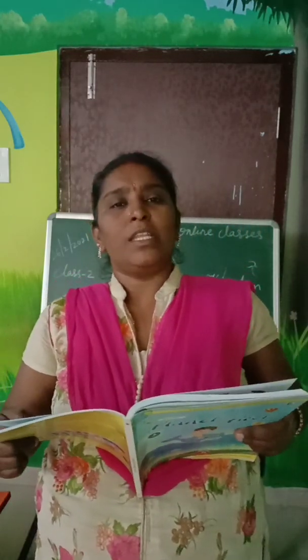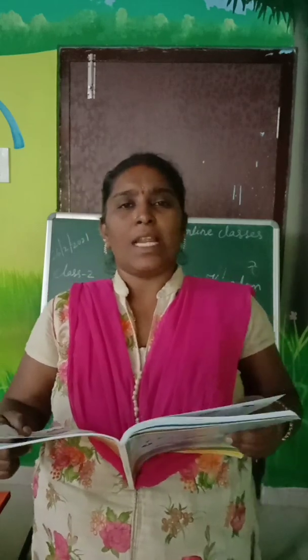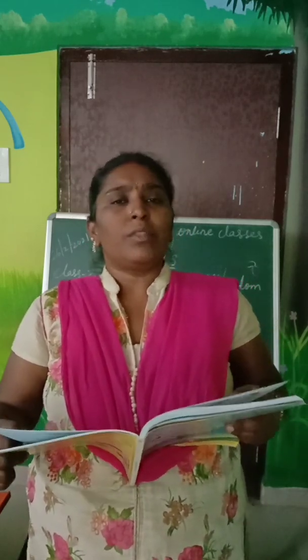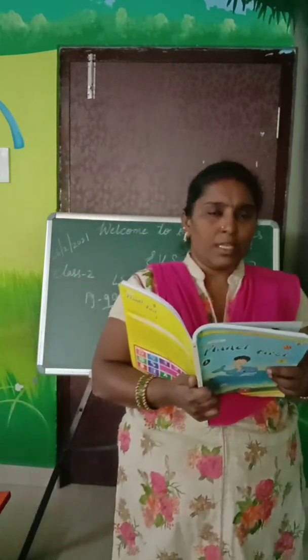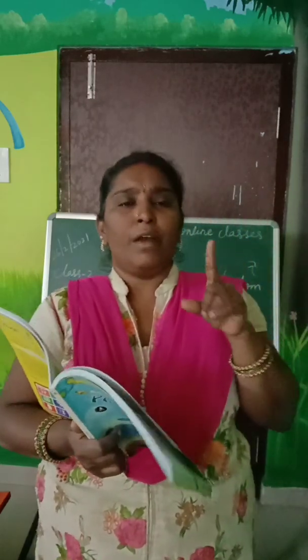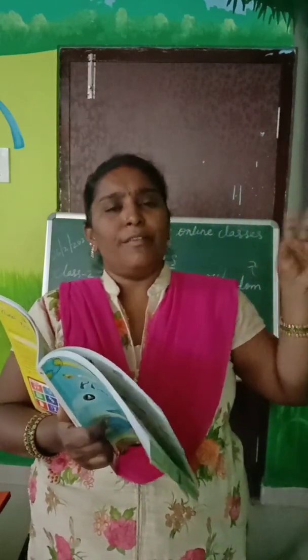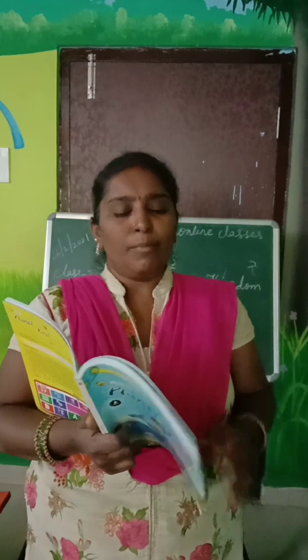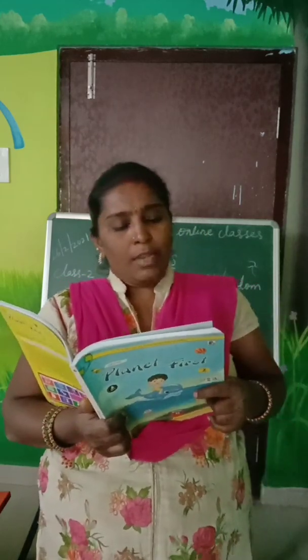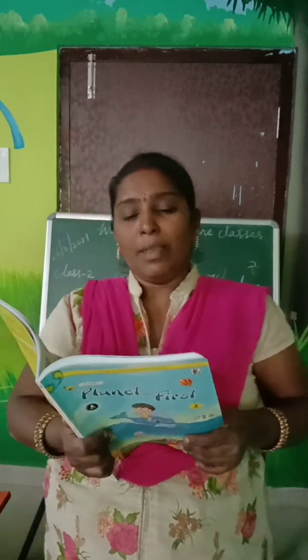You might have seen, if you have pets like cats and dogs at home, they will give 2, 3, 4 babies at a time. Not only one, like elephants and cows. The small animals like dogs, cats, rabbits will have many babies at a time.